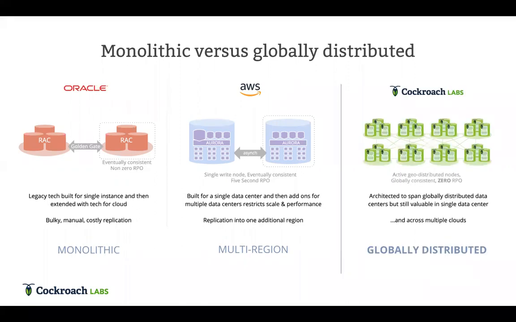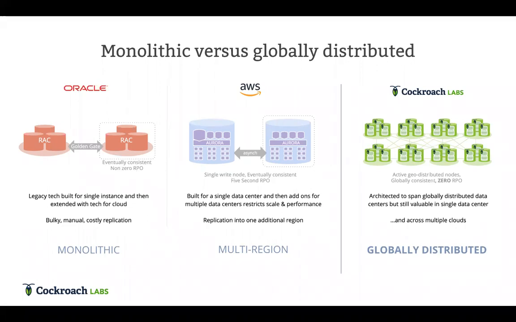Now, where we get to a wholly other level is globally distributed, where we have geo-distributed nodes that participate in a coordinated database, where if one goes down, you still have access to data. We can bring RPO down to 0, which is incredible. And it's architected from the ground up.